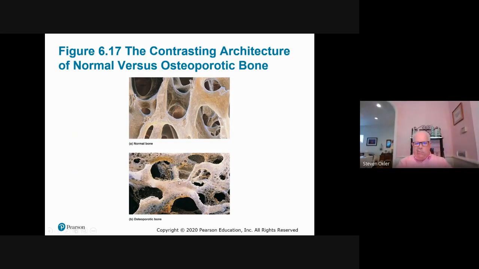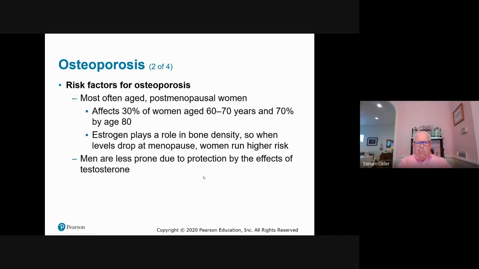Risk factors for osteoporosis, basically postmenopausal women. Because the sex hormone in a female is estrogen. It plays a role in bone density. When levels drop at menopause, women are at higher risk because they have low estrogen.